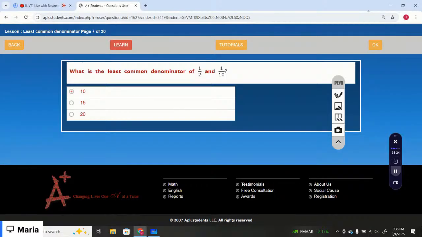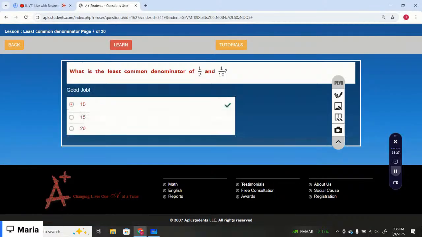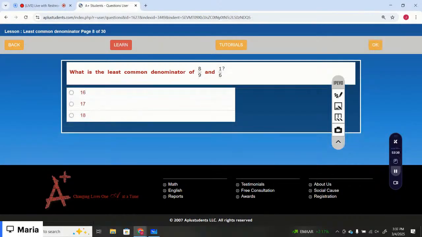Option number 1 is the correct option. What is the least common denominator of 8 over 9 and 1 over 6, which is the correct option? That is 18. Option number 3 is the correct option.